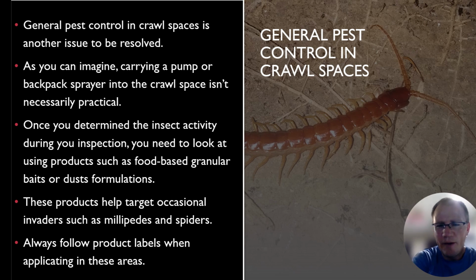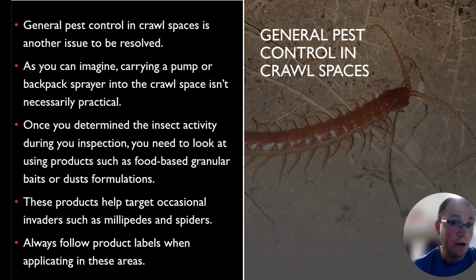Once you've determined what types of insects are in the crawl space, you need to look at different types of products such as food-based granular baits and maybe even dust formulations. I know there could be some concern with dust getting up into the ventilation system, so be careful with these types of products. Sometimes people dust things like sill plates and areas like that, maybe closer to the crawl space vents.